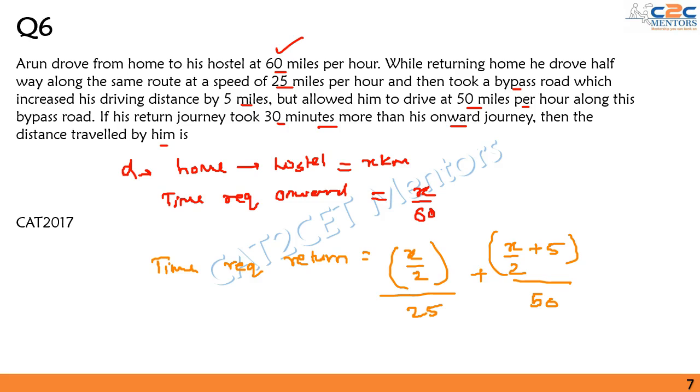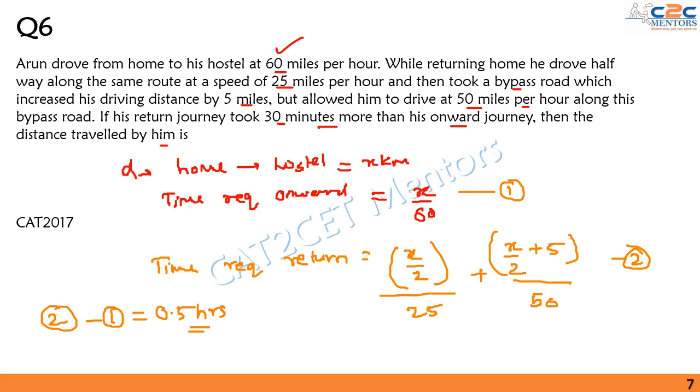So this is the time required during the return journey, and we are given that his return journey took 30 minutes more. So if I subtract equation number 1 from equation number 2, it will be equal to half hour or 30 minutes, that is 0.5 hours.